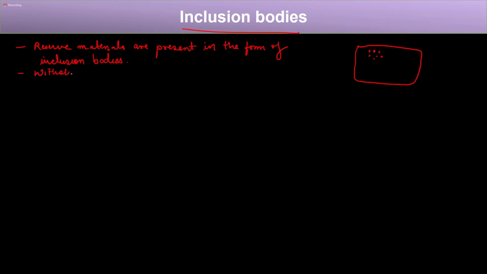So you can say that reserve materials or extra materials are present in bacteria in the form of inclusion bodies. Again, this structure is without membrane. It is naked.